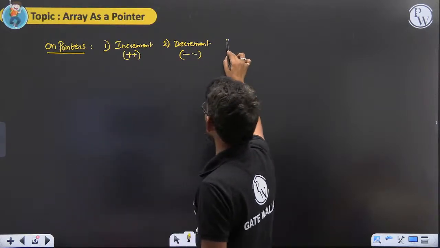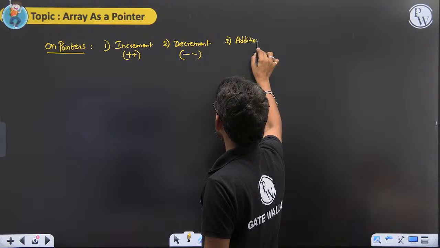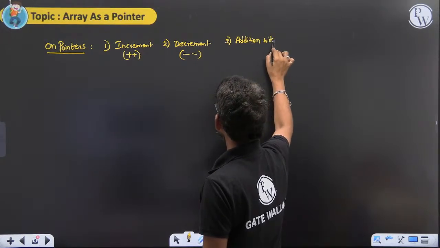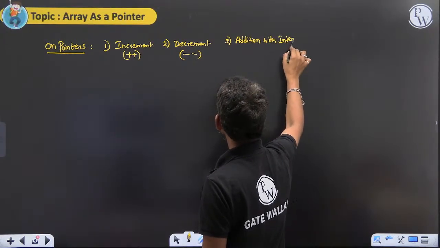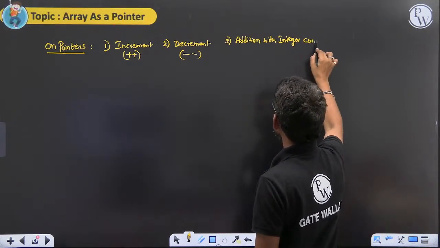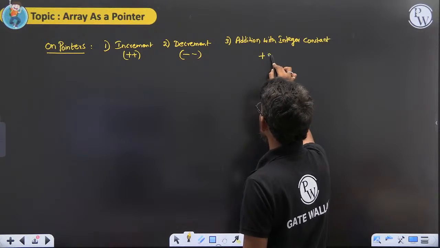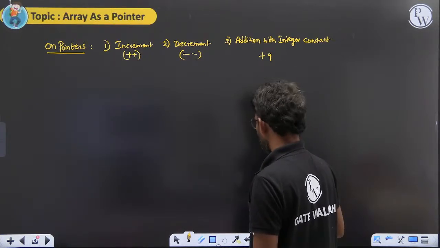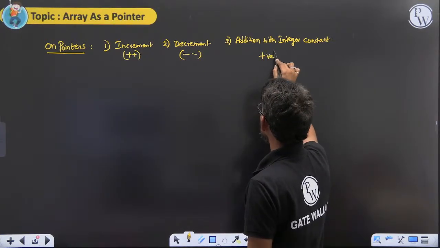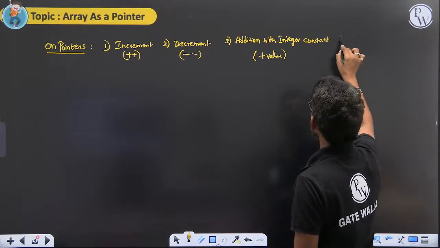We will be able to perform addition with integer constant. Addition with integer constant. Something like plus 9, plus 4, like that. Plus some value.